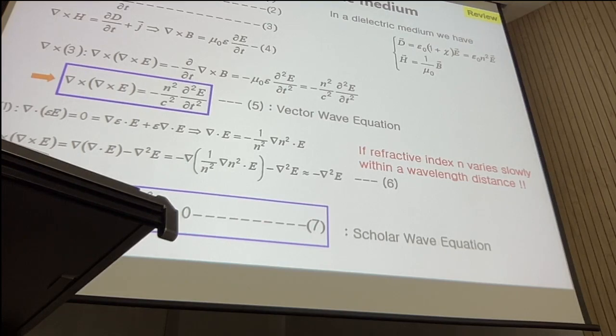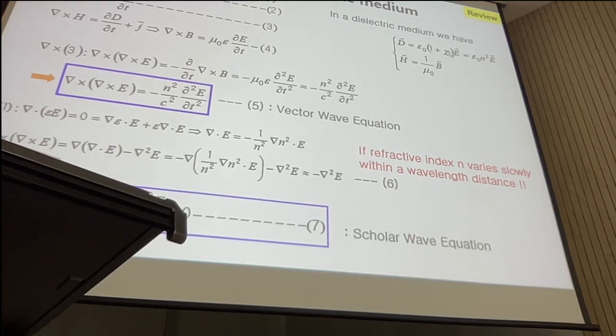Epsilon is related to the susceptibility of a dielectric medium. D is related to the electric field with epsilon 0, 1 plus chi. And this becomes epsilon 0 n square E. This can be derived from the simple harmonic model for the dielectric medium, where the absorption coefficient is 0.